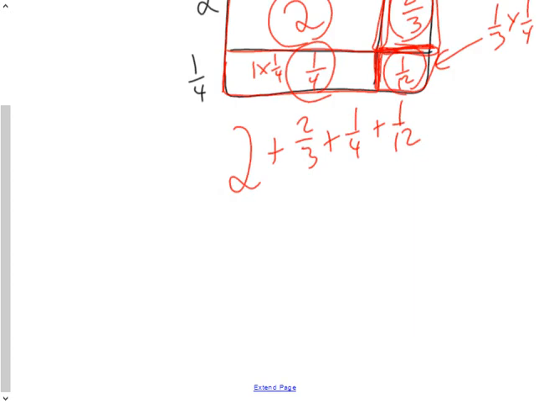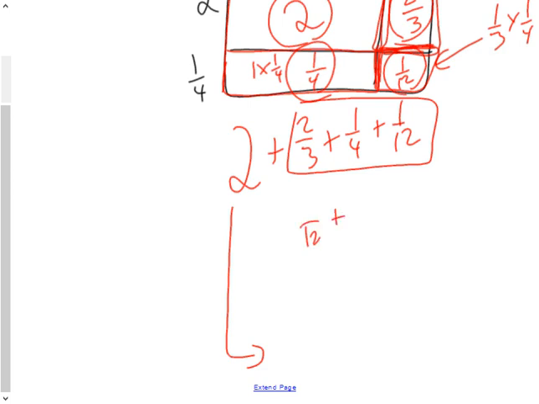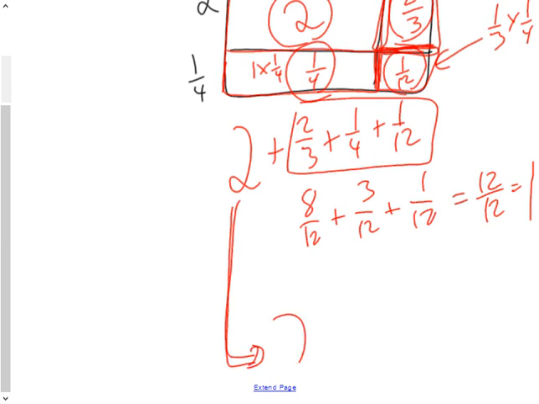So I'm going to take this 2 and I'm going to bring it down as a whole number later on. I have these 3 parts here, which will require me to find a common denominator. The denominator will be 12. This one won't change. This one will become 3/12, and this one will become 8/12. 8/12 plus 3/12 plus 1/12 is 12/12, which is equal to 1. So this 2 comes down, plus that 1 that was here.